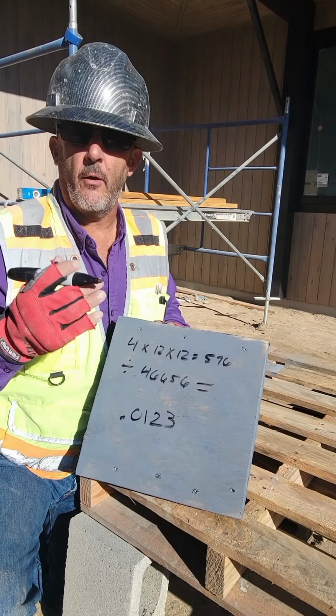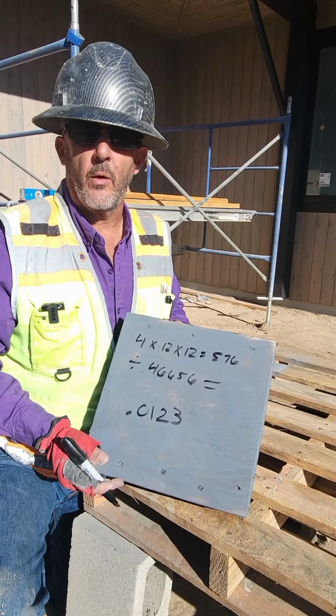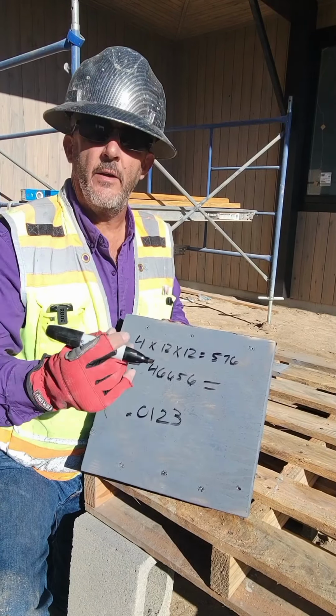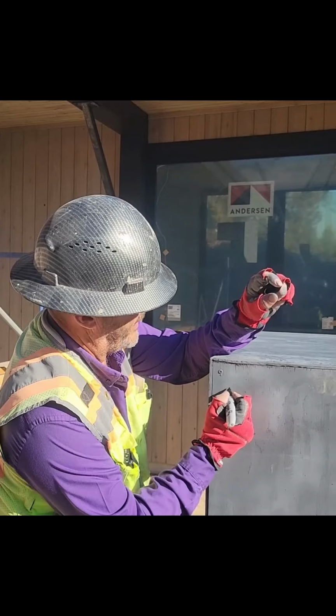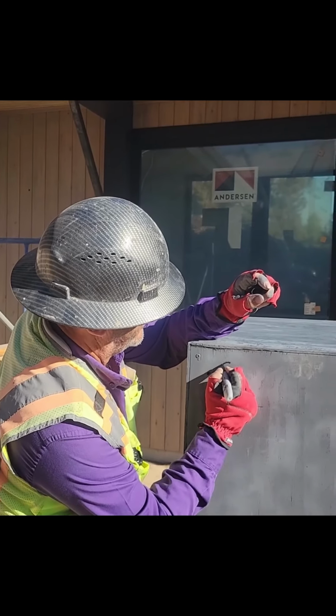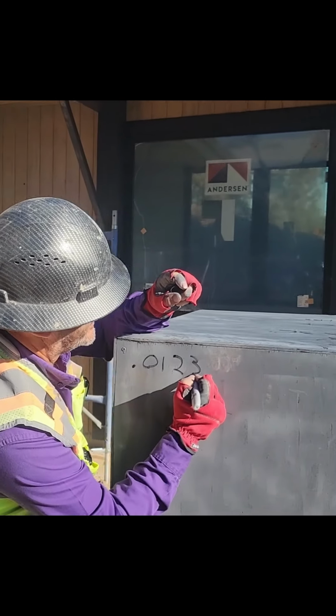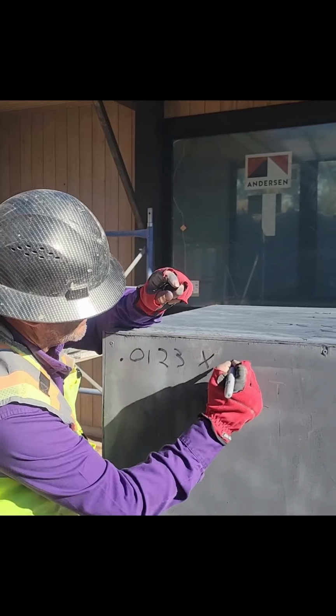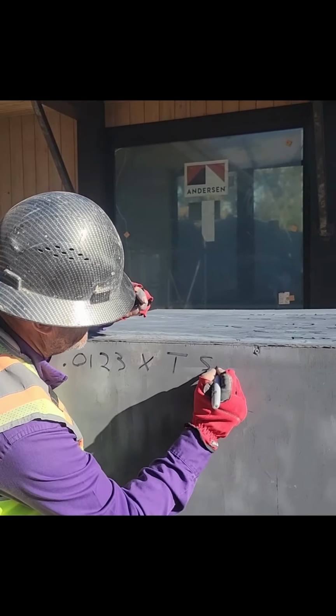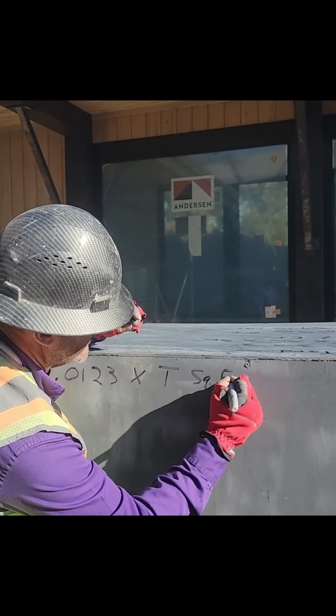And if you have 10,000 of them or 20,000 or 400, you times it by this number and you get your yardage. It is 0.0123 times total square foot.